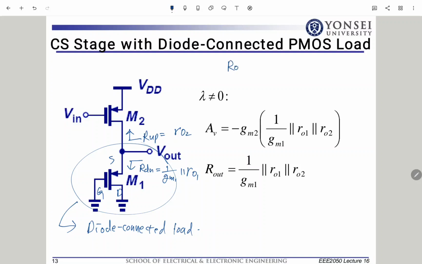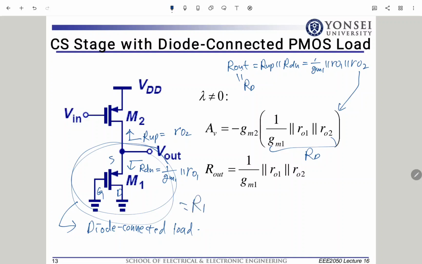So R out is equal to R up in parallel with R down, so 1 over gm1, in parallel with ro1, in parallel with ro2. We can just plug this in as RD, so we can view this whole thing as RD.